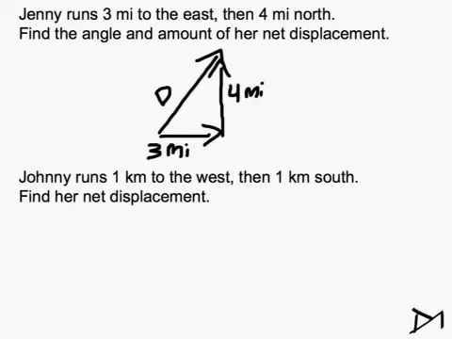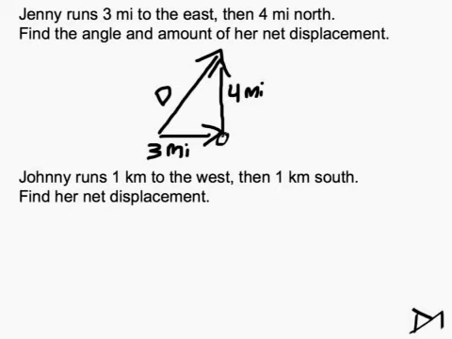As you've already seen in the lecture, and you have done from your reading, we start our vector addition from the first vector added, the 3-mile vector. The second vector to be added is the 4-mile vector, and its tail, this spot right here, is added to the head of the 3-mile vector.